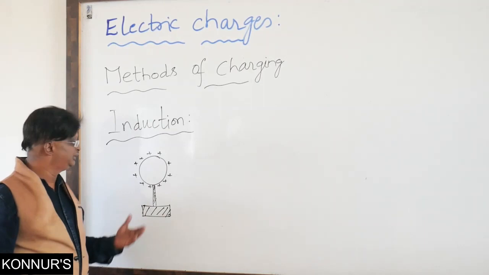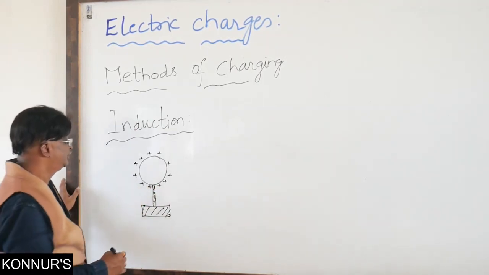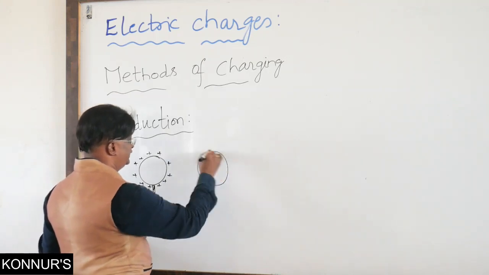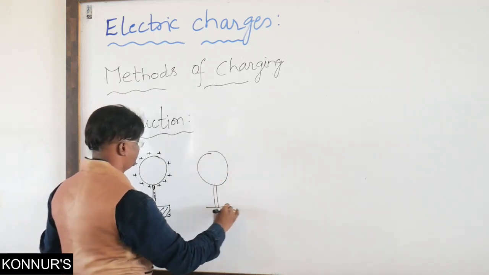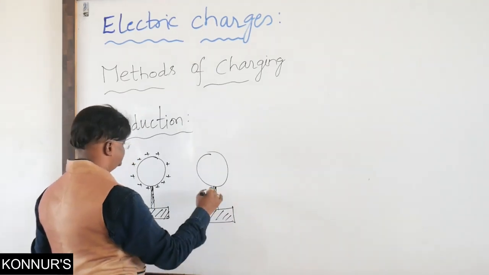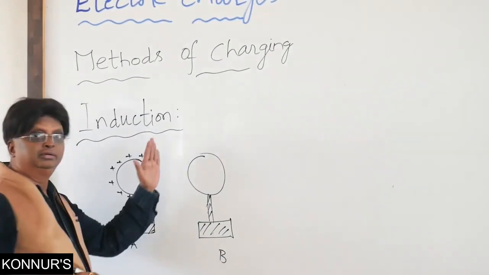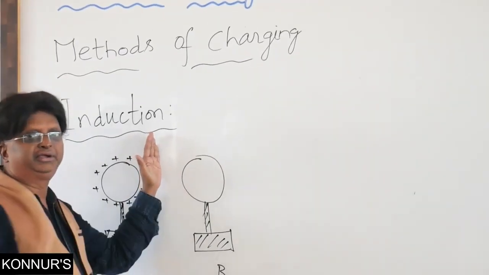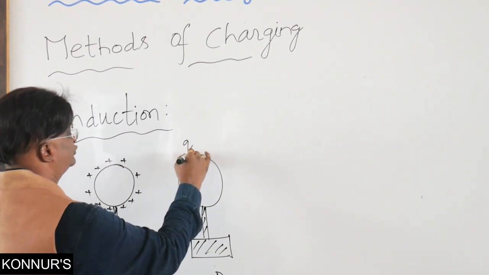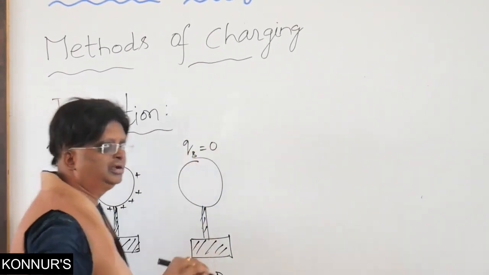Your textbook has given this one and I am also using the same. Now this is A and this is another copper sphere, whether same size or different size, it doesn't matter. This is another copper sphere B, which is initially isolated such that the charge on this, QB, is equal to 0, an uncharged sphere.